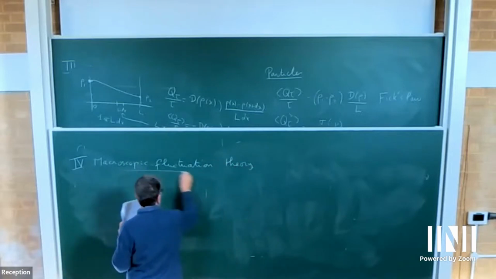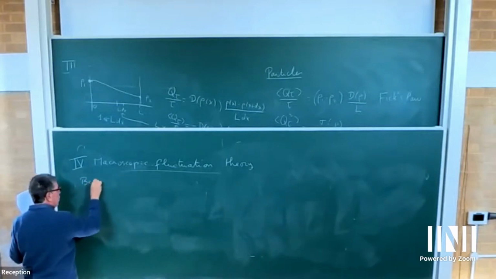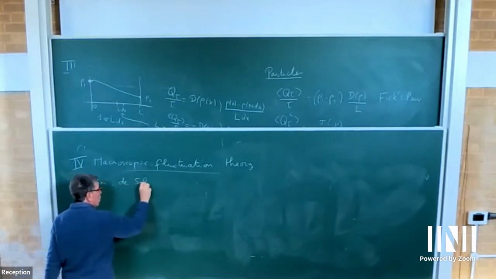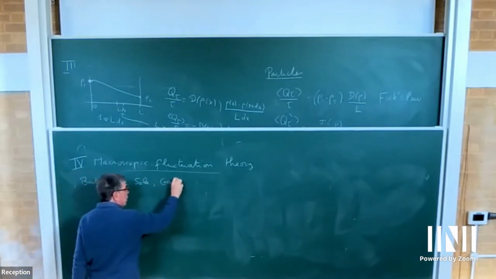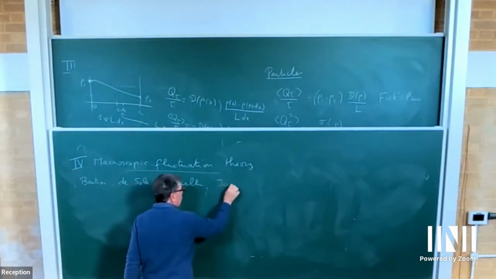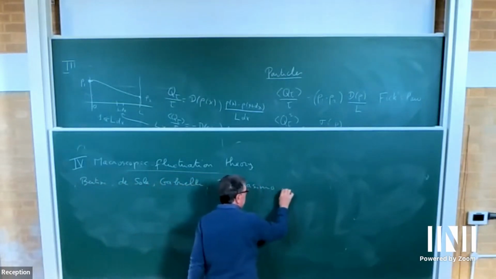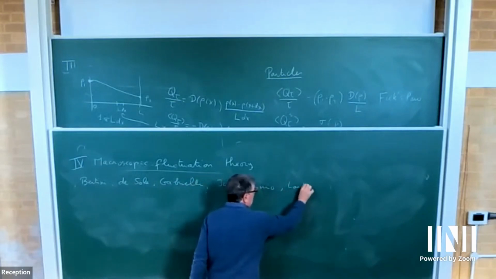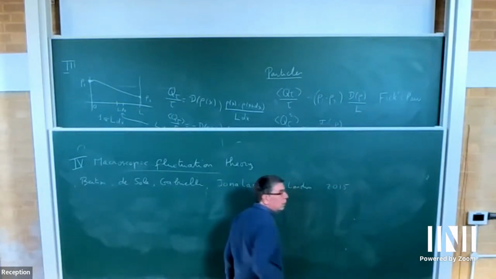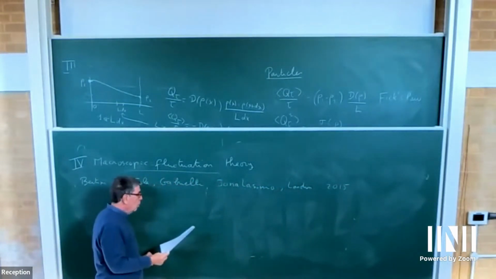It was introduced at the beginning of the year 2000 by Bertini, Gabrielli, Jona-Lasinio, and Landim. For example, they wrote in the time, but it started about 20 years ago.